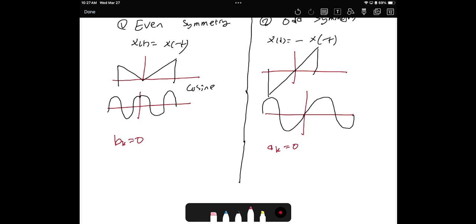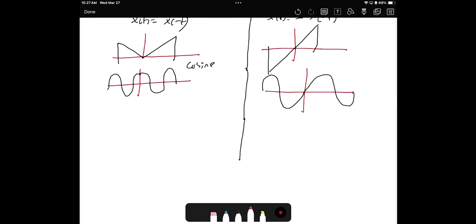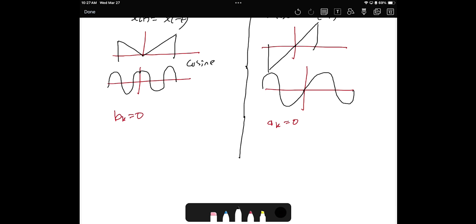So how can I find the Fourier series? The Fourier series for even symmetry will be x of t equals a0 plus the sum from k equal to 1 up to infinity of ak cosine k omega naught t.